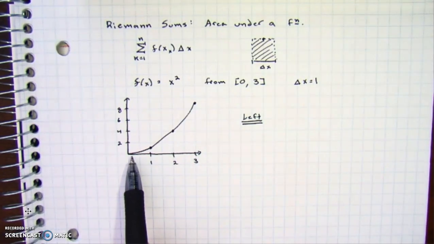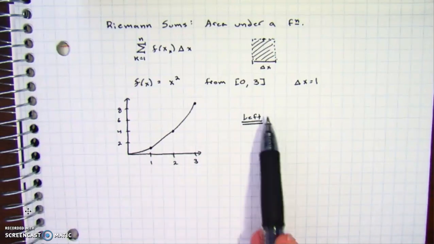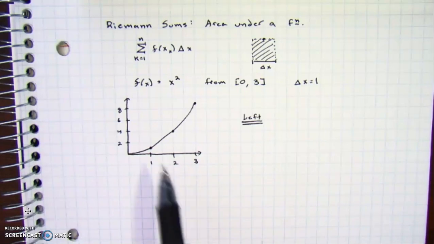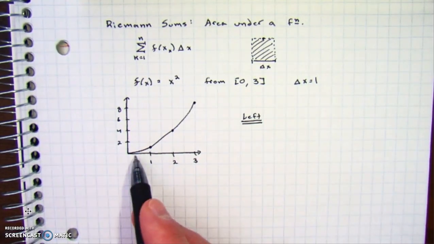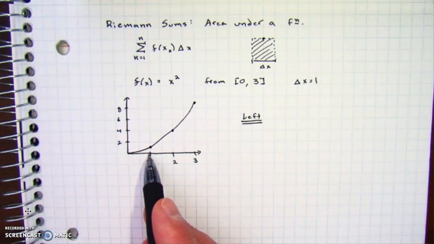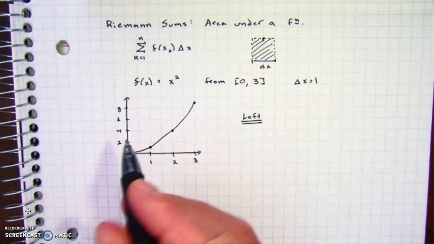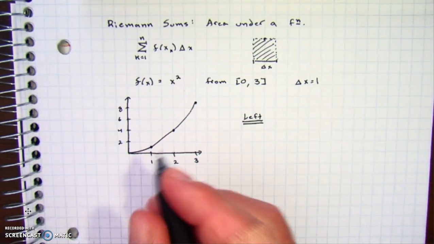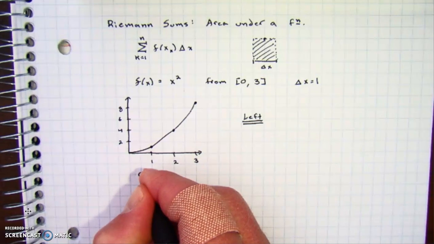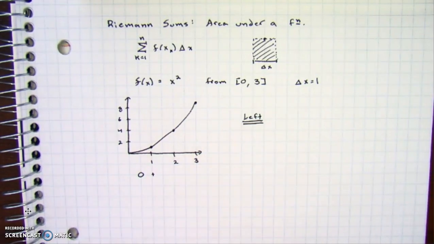So the base of our rectangle is always going to be 1, and the left, right, or midpoint is going to tell us what the height is going to be. Here's our first block, from 0 to 1, and the left means that our first height is going to be 0. So that area is 0, which is pretty easy.